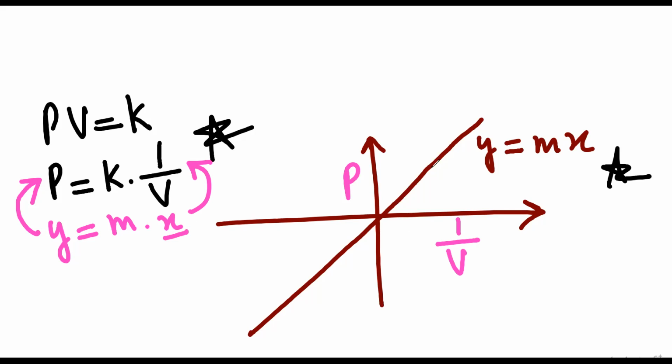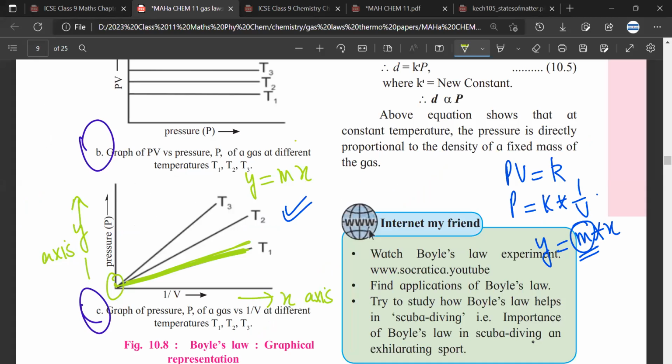So that is why if you see in your book, this is the graph that they are showing you, and this is the isothermal. That is why they have written that at a certain temperature, this is true. Any doubt about this? No. Look again. This is my y, this is my x, but my x now is 1 upon V. And this is the isothermal, which is applicable at a certain temperature only. Any doubt?